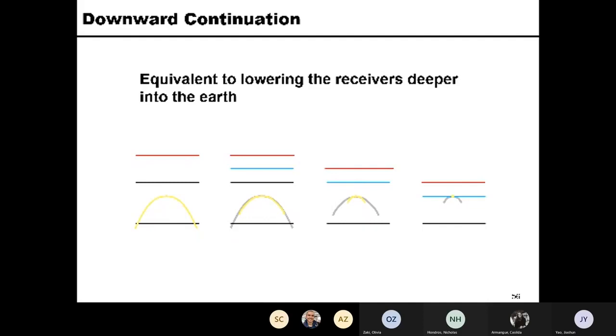So you gradually collapse this diffraction curve into a single point. That's the mathematical implementation. Physically it means you shift your surface gradually down. That's called continuing downwards, downward continuation.